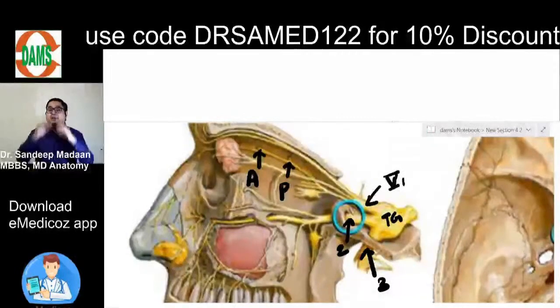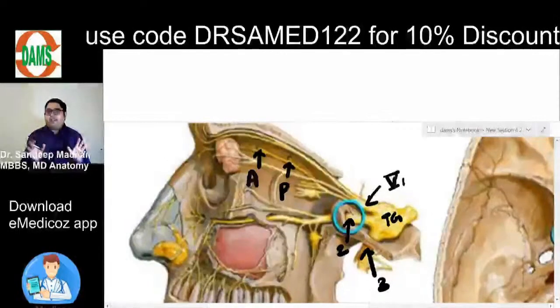What is there in the anterior cranial fossa? The meninges. The meninges in the anterior cranial fossa are supplied by the anterior and posterior ethmoidal nerves, which are branches of the nasociliary nerve. The anterior ethmoidal nerve will not end there. It has a further course, which I will discuss in a moment.